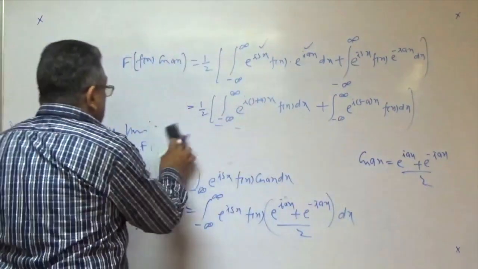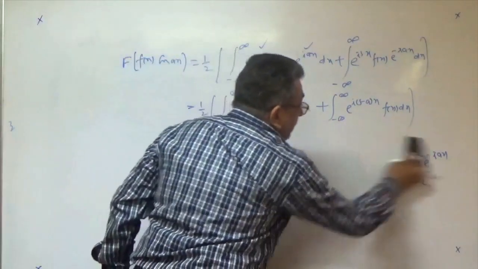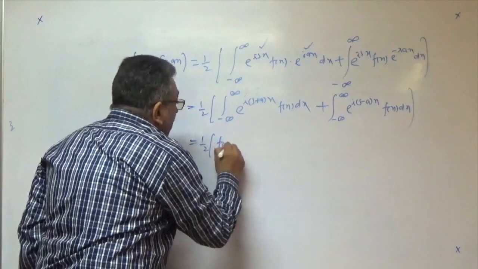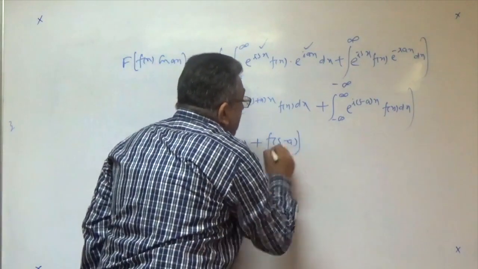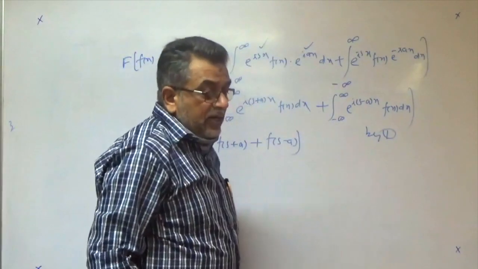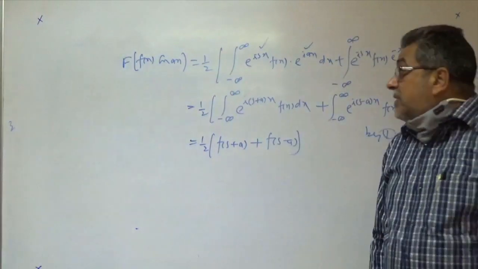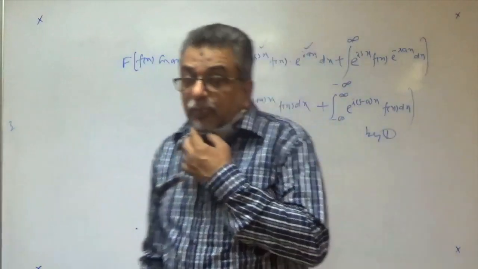right? So by equation 1, this is F of s plus a, this is F of s minus a, right? By equation 1. And that is your required right hand side, that is your required result, right? This is the modulation property, the fourth property.